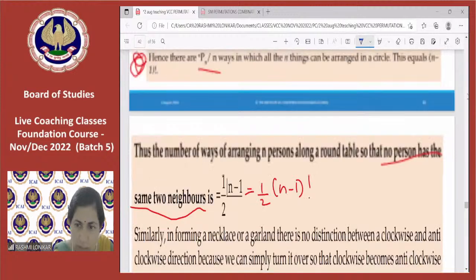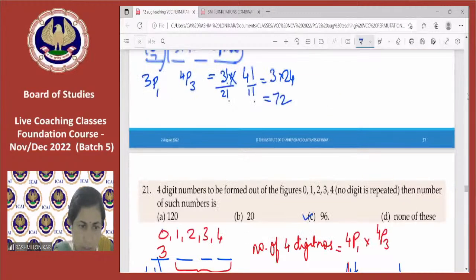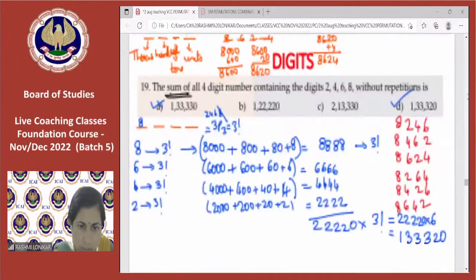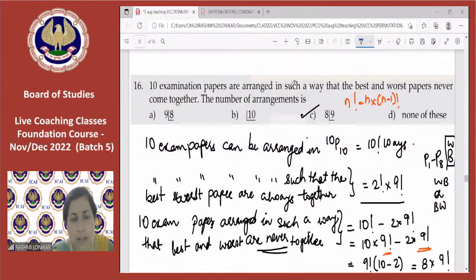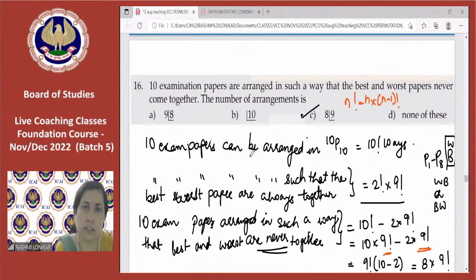Let me see. There is a question. 10 exam papers are arranged in such a way that the best and the worst papers are never coming together. So what we did here was we first found out how the 10 papers can be arranged without any restriction. That is 10P10, that is 10 factorial.